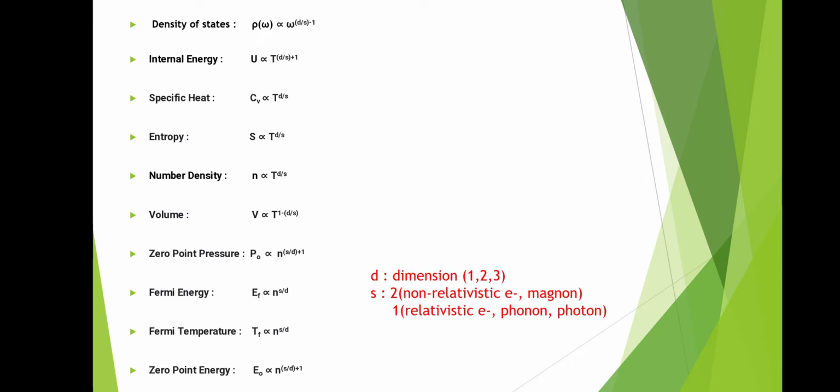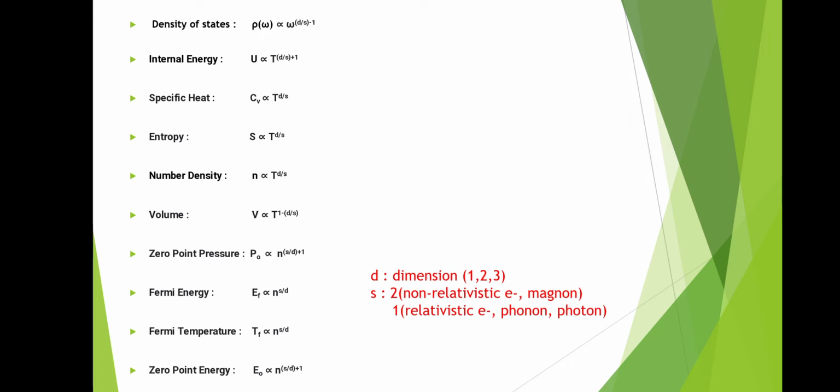Similarly, entropy. How these relationships have come, for the derivation of these things, you can refer to Quanta Institute's statistical physics lectures. I will provide the link in the description box.